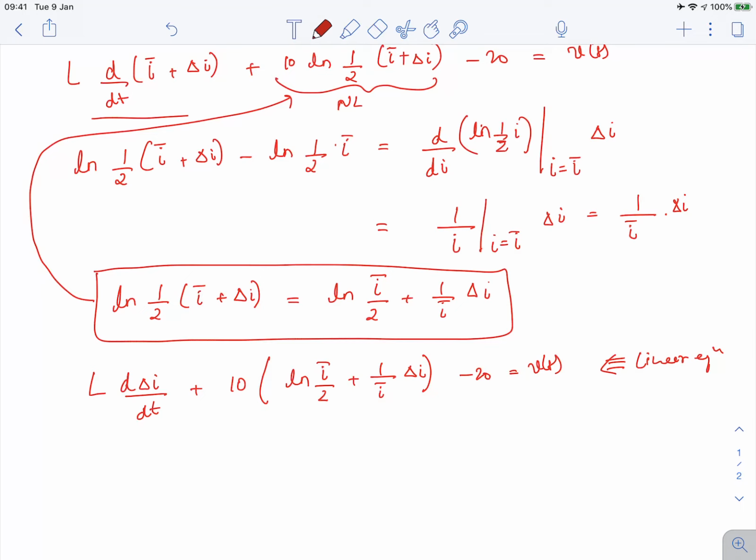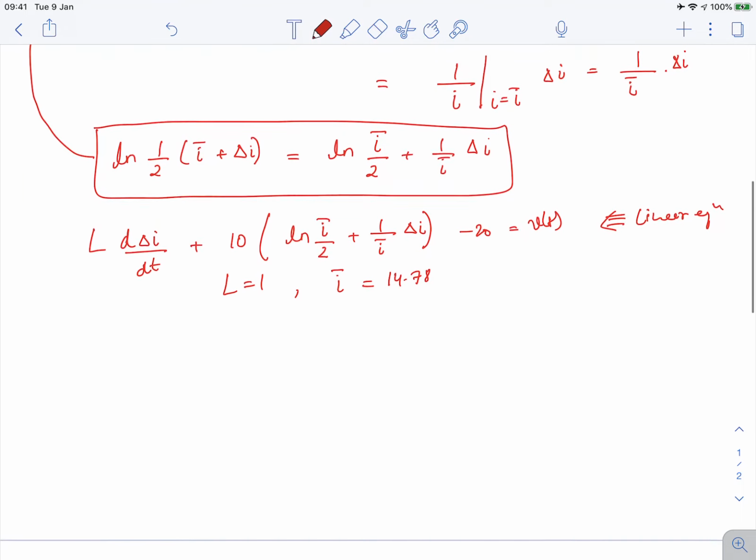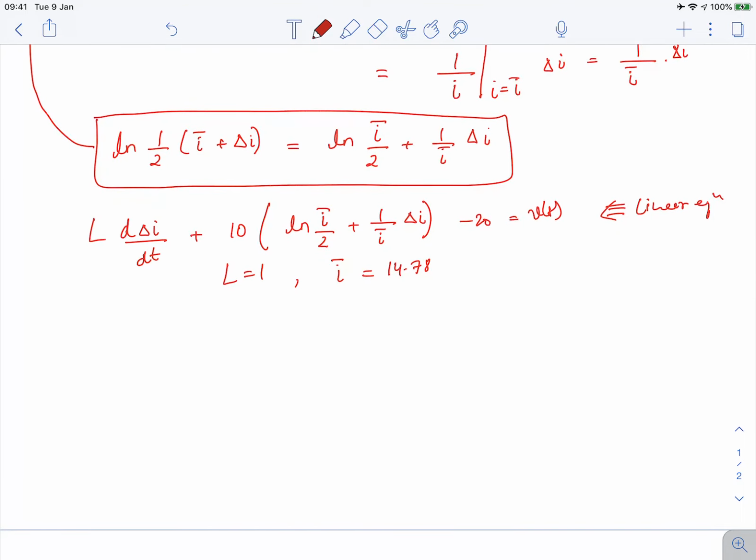After substituting L equal to 1 and this I bar, which we obtained above as 14.78, we obtain the final linearized equation as d delta I by dt plus 0.677 delta I is equal to v of t.